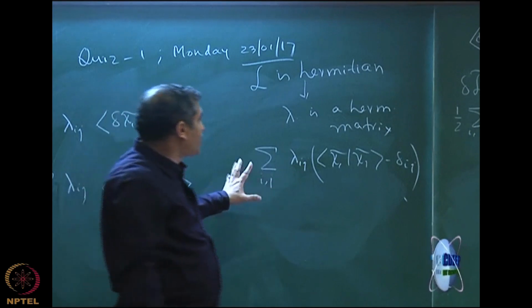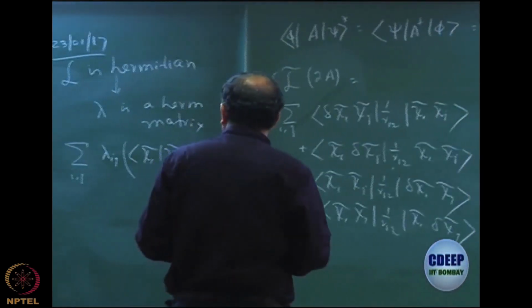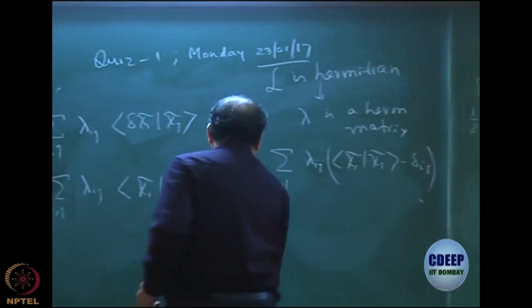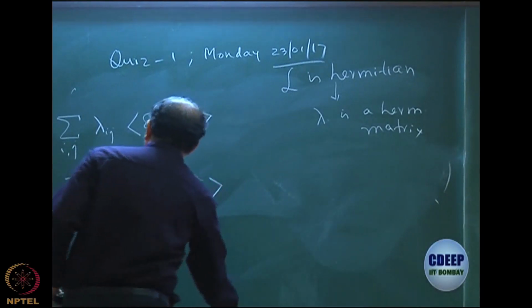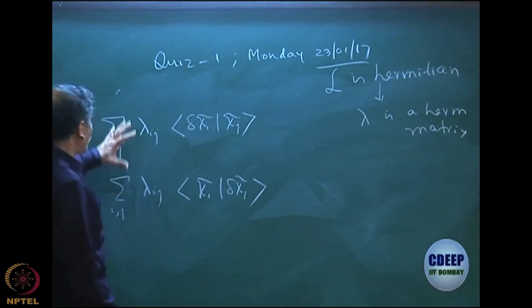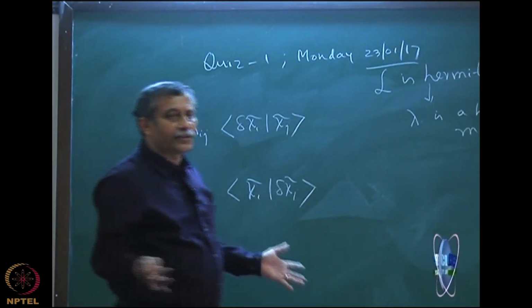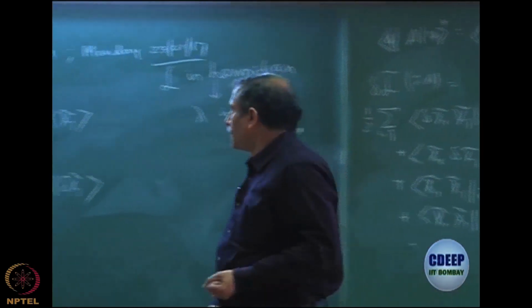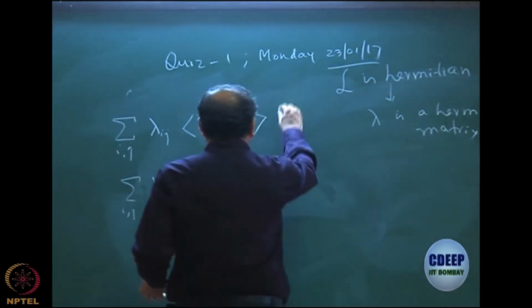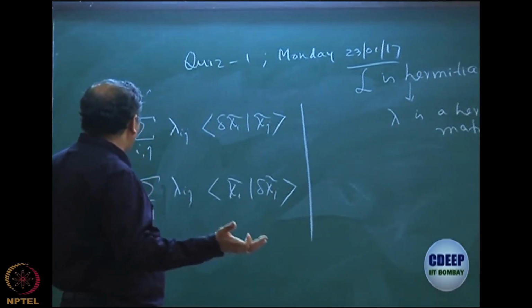So unless this is Hermitian, the whole thing will not be Hermitian. So right away we have a situation that, to start with, my lambda is a Hermitian matrix. If lambda is a Hermitian matrix, it is easy to show that this is conjugate of this. Now normally lambda is just a real matrix, so it's actually symmetric. Hermitian is really pushing it too far, because these are all real numbers in actual cases. So they are actually real symmetric matrices.